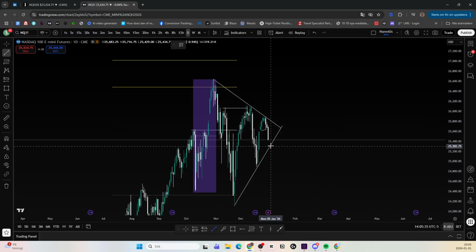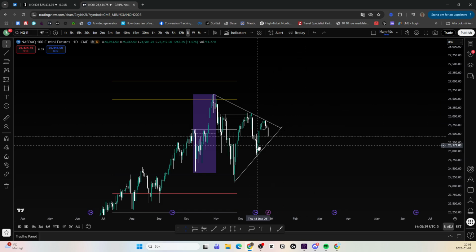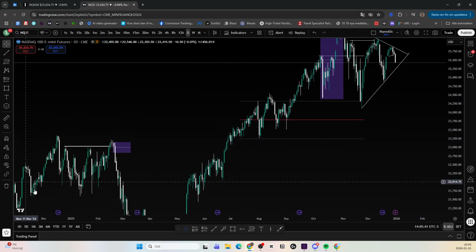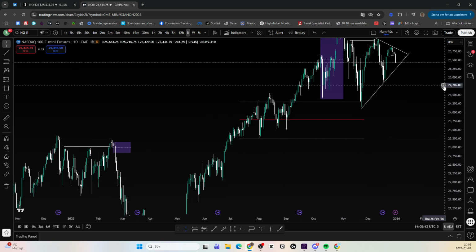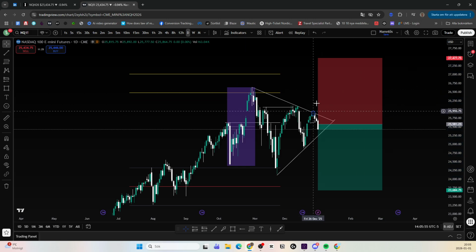Now, what I anticipate is going to happen, and I'm going to show you how this bait of liquidity and engineering has been done before the 2025 crash. Basically, with this pattern, what's likely to happen is we're going to get some sort of fake breakout bearish. We already have this breaking down below here.